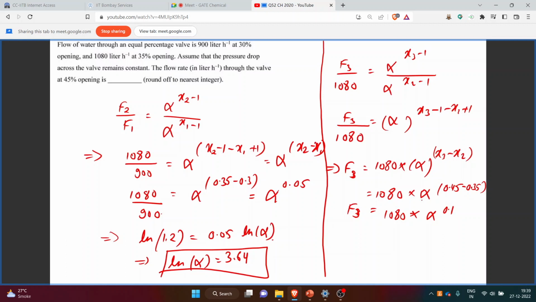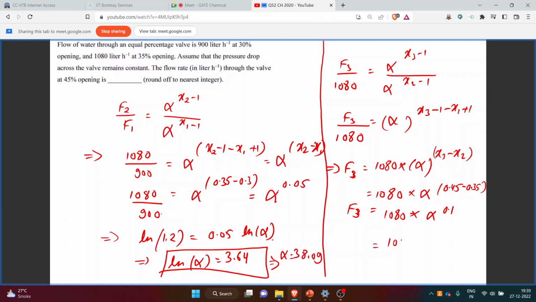Now we need to take log to find the value of alpha, and put it here. So this will give us the value of alpha as 38.09.